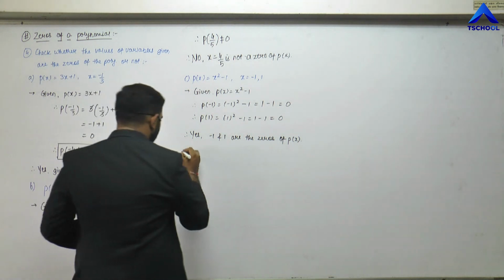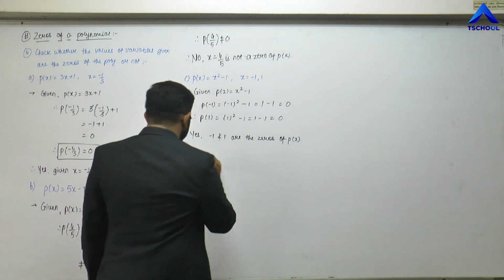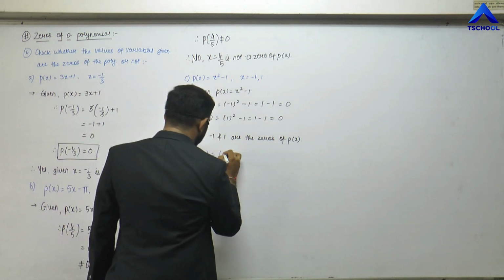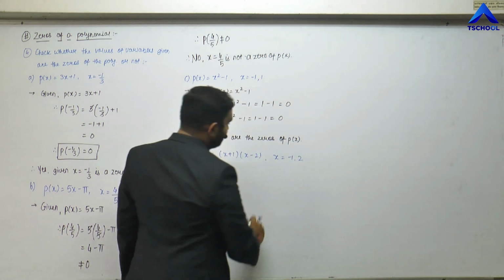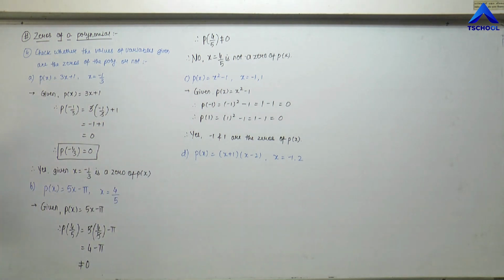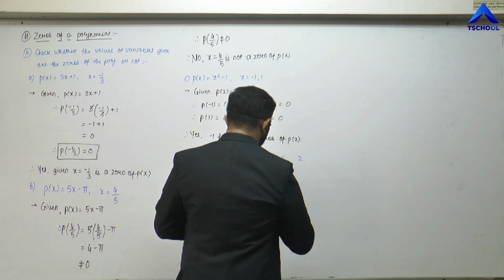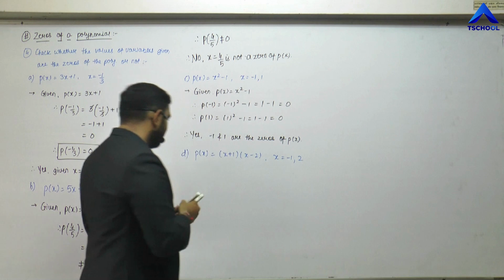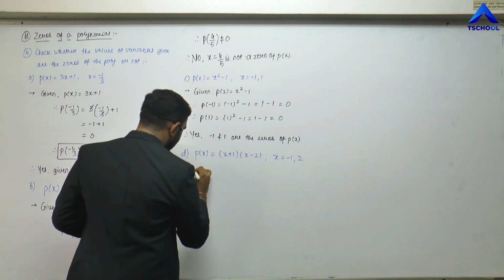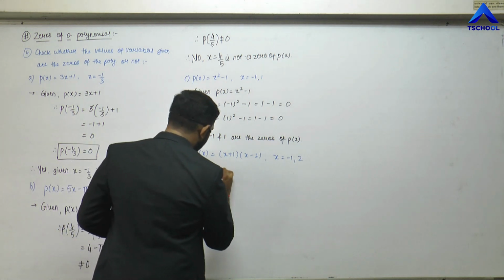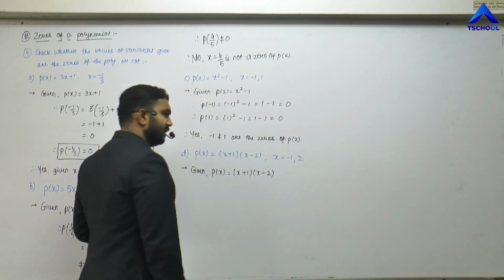The fourth one, let me see here, that is p of x is equals to x plus 1 into x minus 2 for x is equals to minus 1 comma 2. We need to check whether minus 1 comma 2 are the zeros of the given polynomial or not, right? Let us check it. First of all, what is given here? Given p of x is equals to x plus 1 into x minus 2.